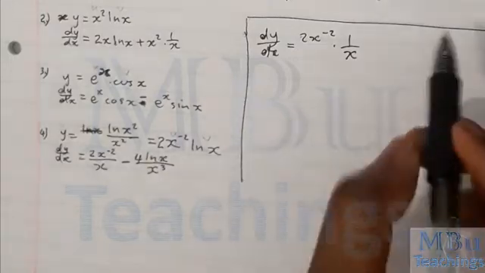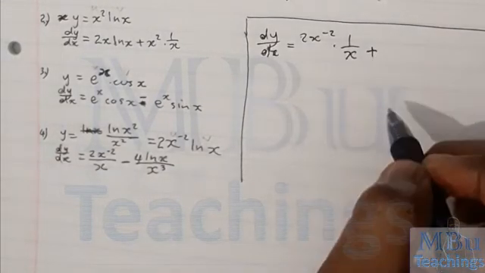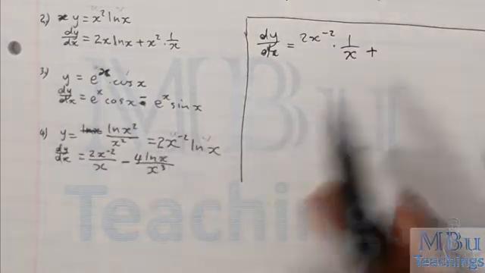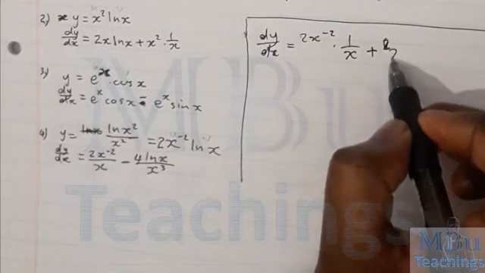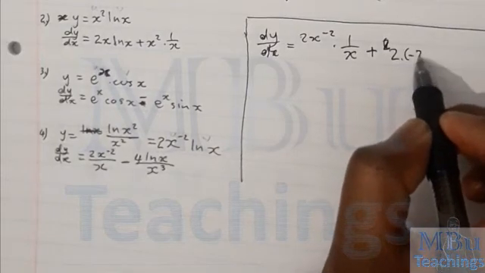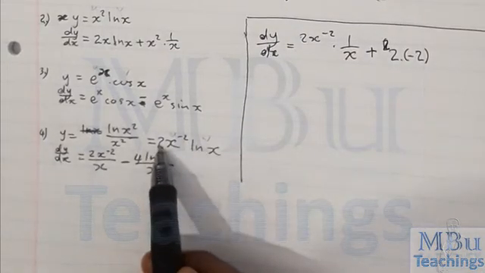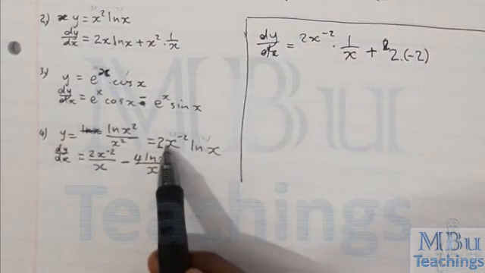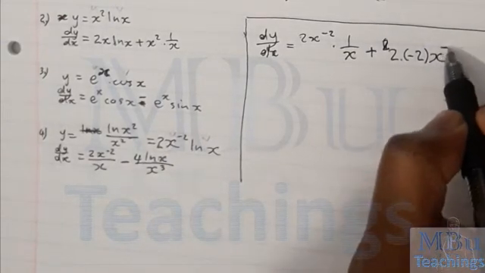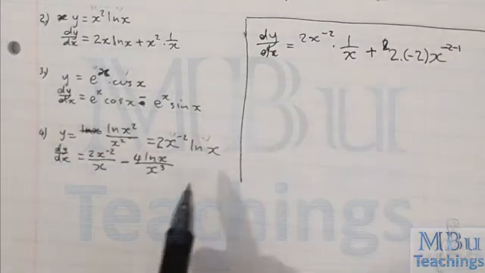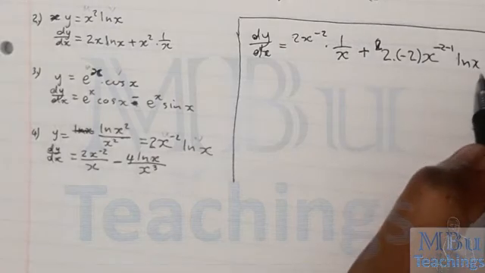This was just put as it is. Then I said plus. So I had 2, let me just write 2 times negative 2. Now the negative 2 is this one. This is 2 times negative 2 of this. It's an exponent of x, negative 2, negative 1. Then we put this one as it is, ln x.